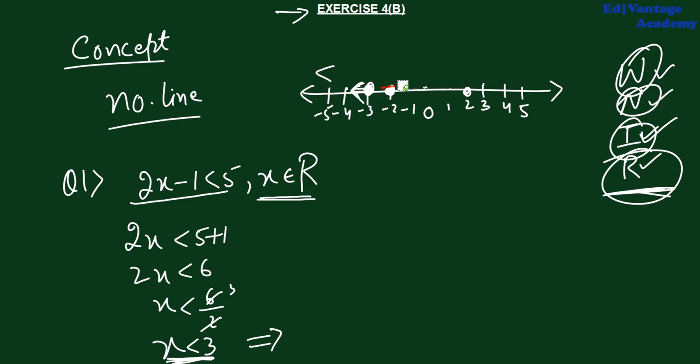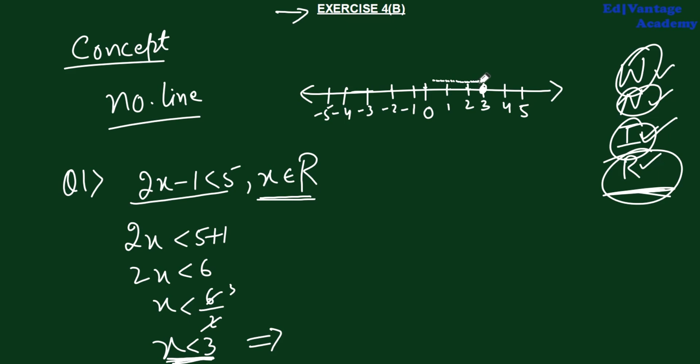If you check real numbers less than 3, it's 3 and all those numbers which are less than 3, like 2.99, 2.8, 2.7, 2. Even 2.777 comes in the category. 2.6, 2.5, all the numbers lesser than 3 come under real numbers.